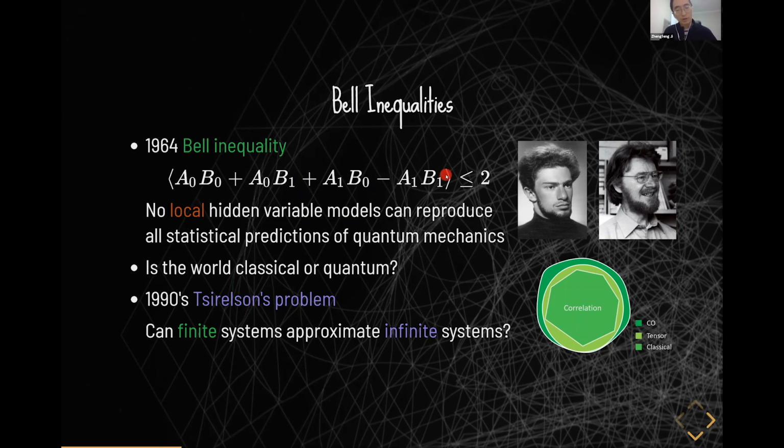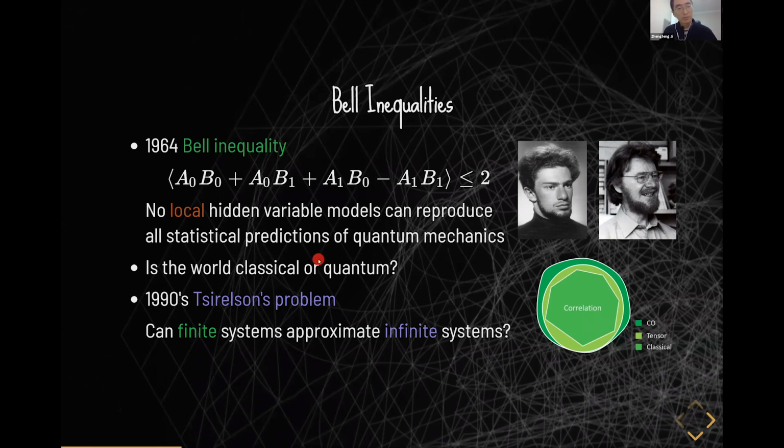You want to understand the correlation between remote parties. Does it matter whether you consider finite systems or you have to consider infinite systems? Are these two setups the same or different? That's Tsirelson's problem, and we will come back to this problem later. That's the connection that we will mention in the physics part.